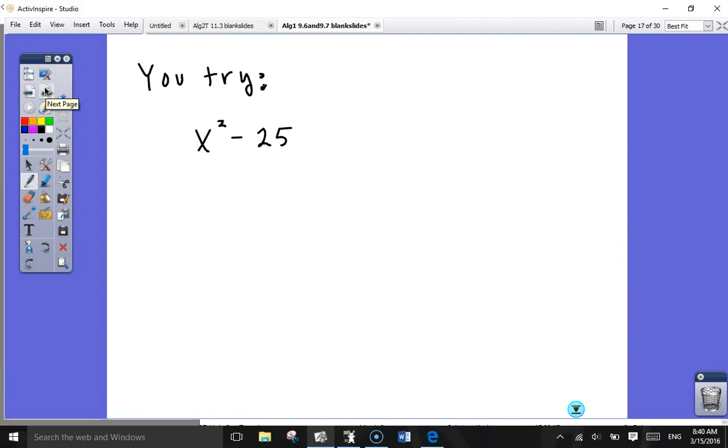So, factor. X squared minus 25. Of course, you've got to recognize 25 is a perfect square, so how does it factor?